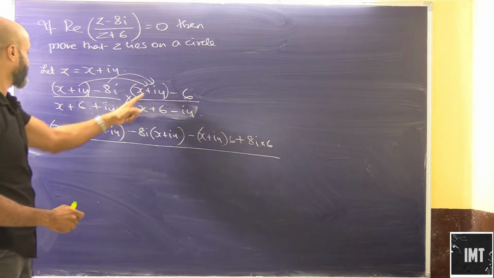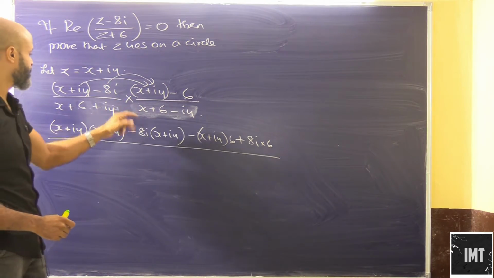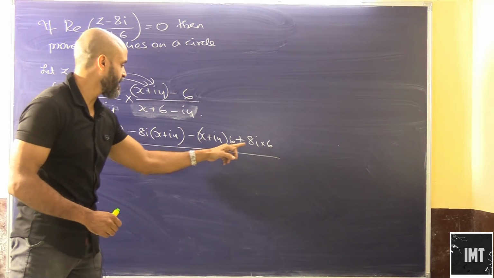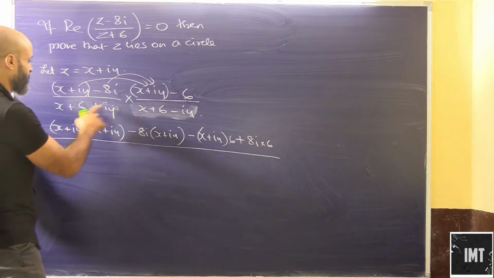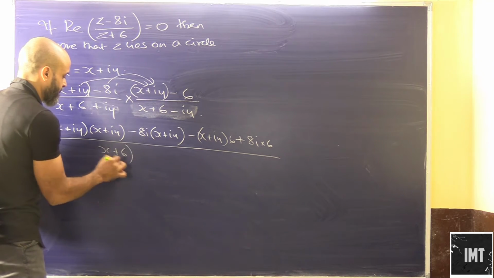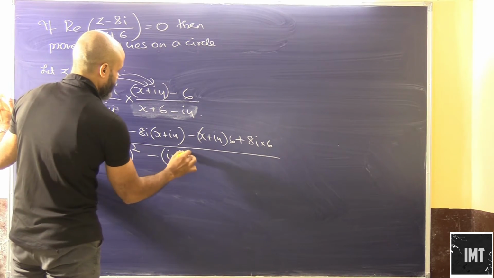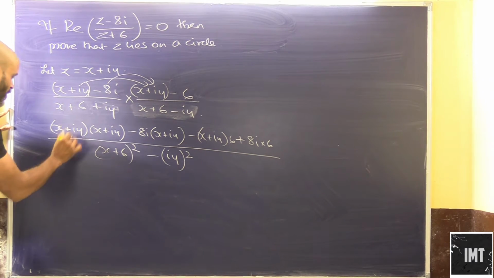So we have x plus iy into x plus iy, minus 8i into x plus iy, x plus iy into 6, 8i into 6. So this will be how much? x plus 6 square minus iy square.